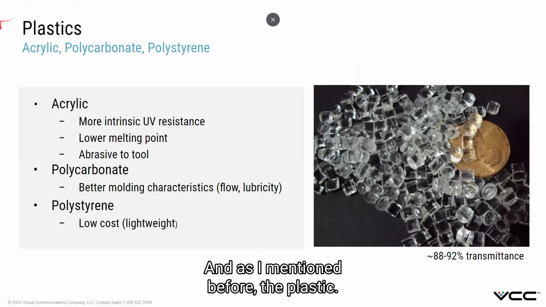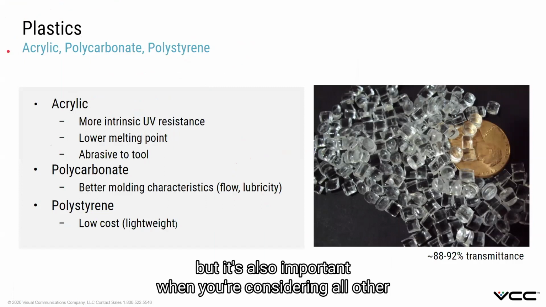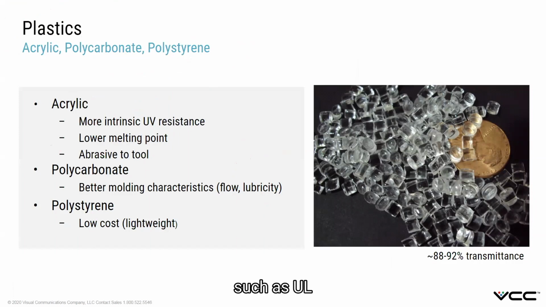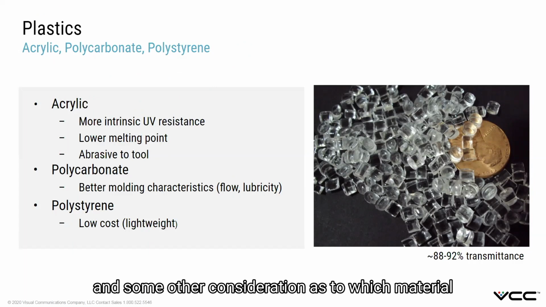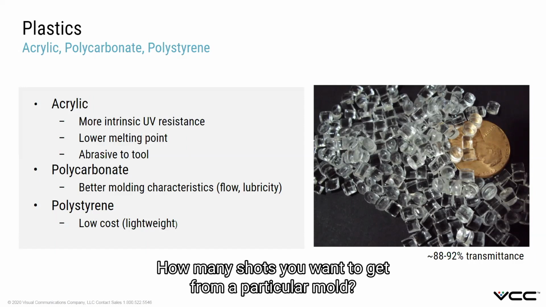As I mentioned before, the plastic is really important when you're designing the light pipe, but it's also important when you're considering all other characteristics that will be particular to your end product, such as UV resistance, the UL 94 flammability rating, and other considerations, such as which material is more abrasive to the tool. That depends on how many shots you want to get from a particular mold.